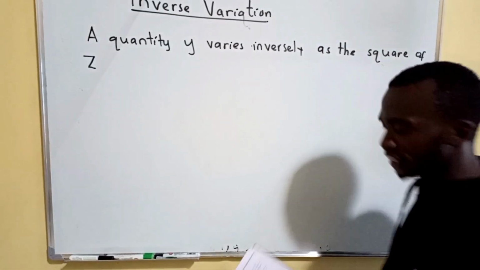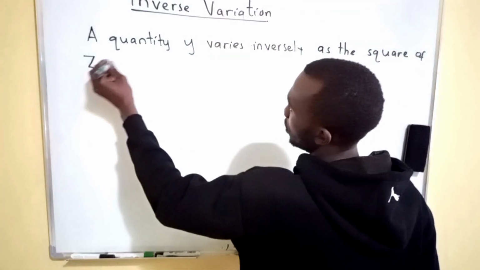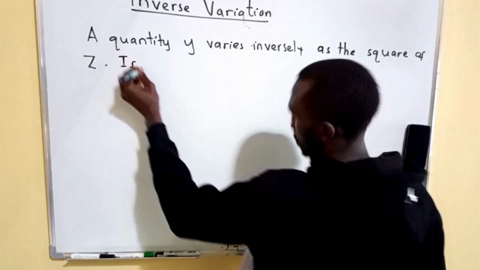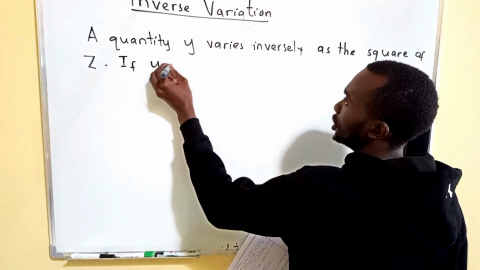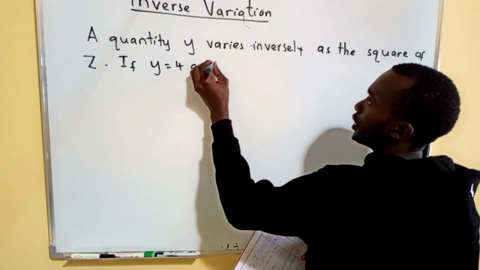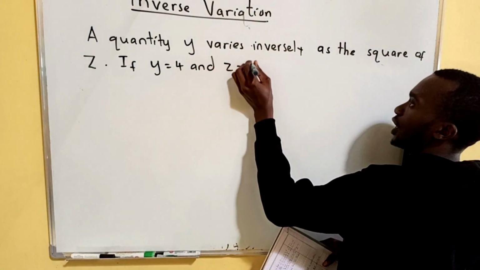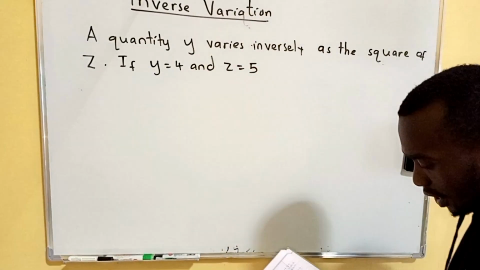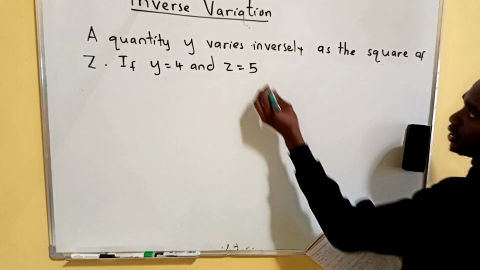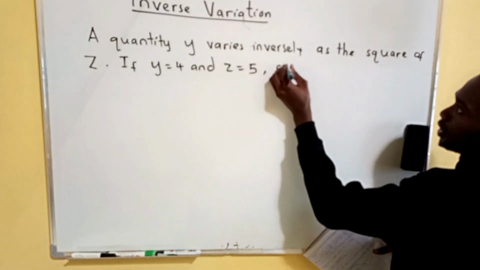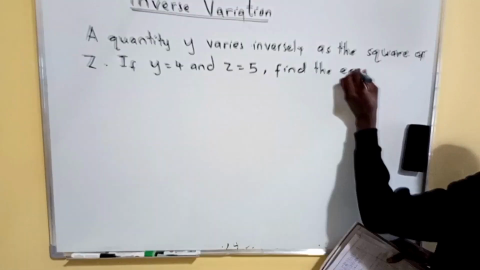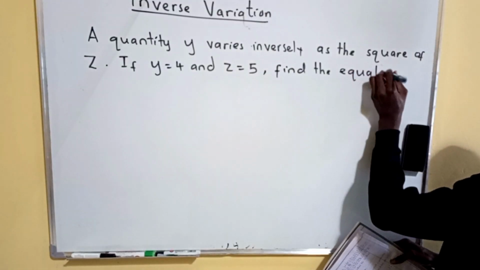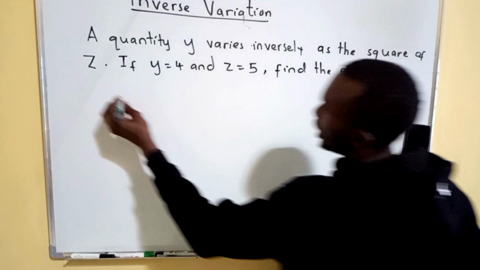Full stop. If y is equal to 4 and z is equal to 5, find the equation connecting y and z.